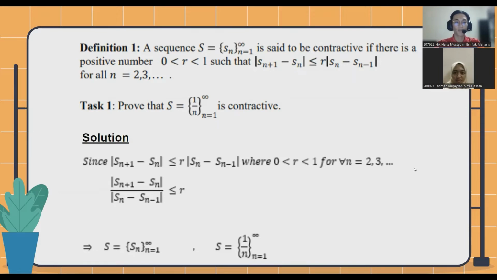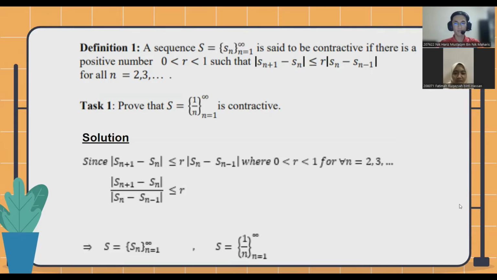With that, we are tasked to prove that S equal to 1 over n, upper limit infinity, lower limit n equal to 1, is contractive. I'm going to pass the first step of the solution to Fatimah.